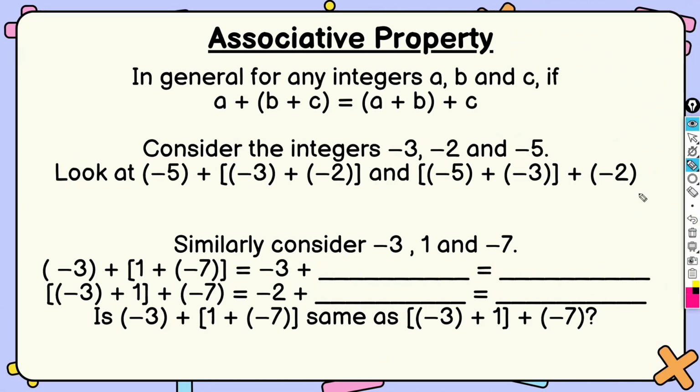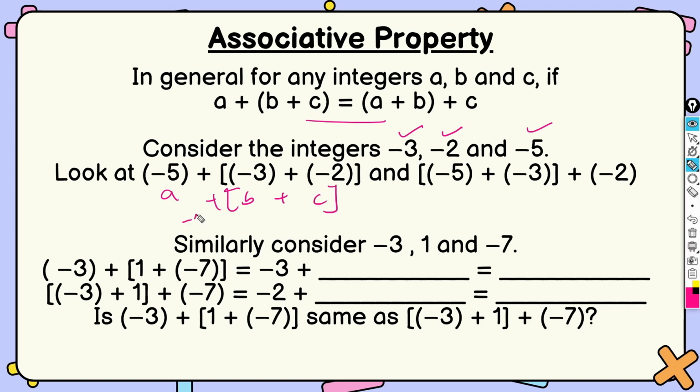Associative property. What is associative property? For any integers, if they follow this formula, a plus b plus c is equal to a plus b plus c, with the grouping changed, then those integers follow associative property. Consider these integers minus 3, minus 2 and minus 5. Let this be a, b, c.